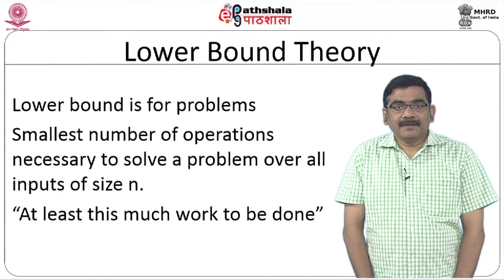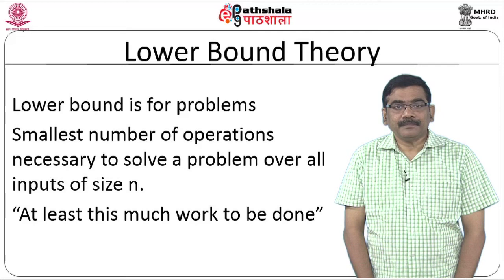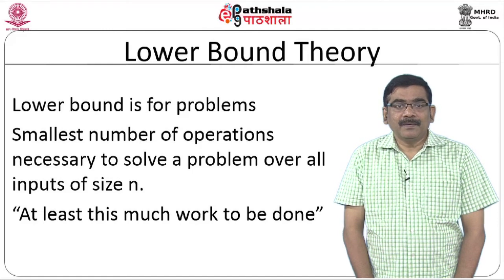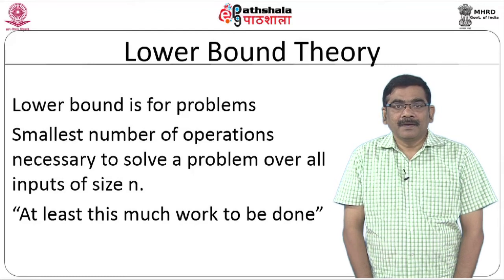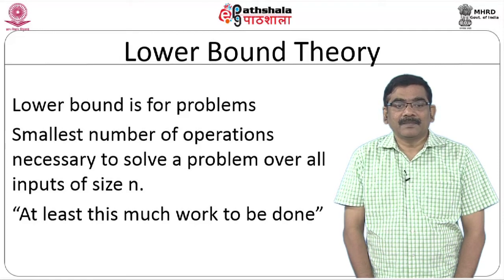In the same manner, we can also find the lower bound. While upper bound is for algorithms, lower bound is for the given problem. Lower bound represents the smallest number of operations that is necessary to implement an algorithm for the given problem.